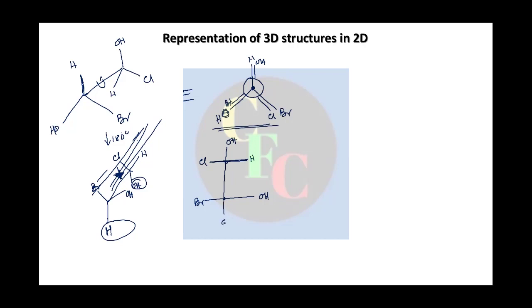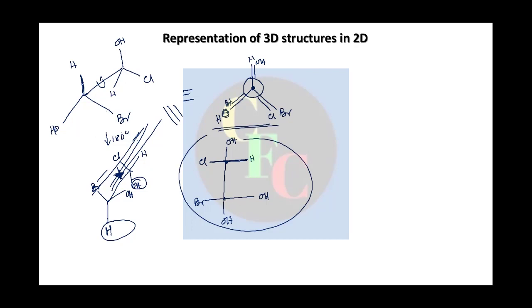Okay, this is the Fischer projection of this molecule, equivalent. See, here also you can see the same thing. So this is the Fischer projection to Sawhorse to Fischer.